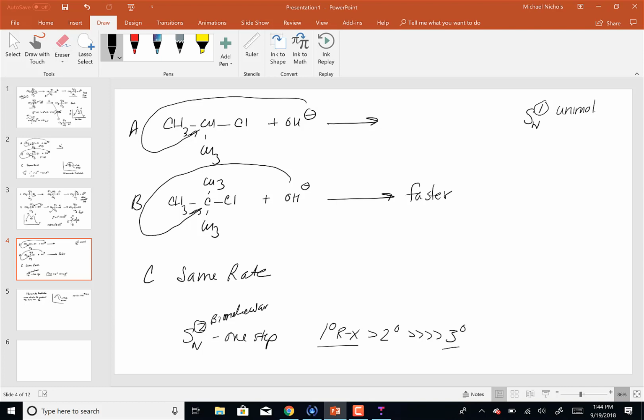So then it can break the carbon-chlorine bond, form the carbocation, and react that way. So all of these can still undergo nucleophilic substitution, but the mechanism changes because primary alkyl halides can't do two steps because they can't form a carbocation. The tertiaries can't do a one-step mechanism because they got too much stuff around the carbon. So they're kind of fixed. They're either one or two steps.